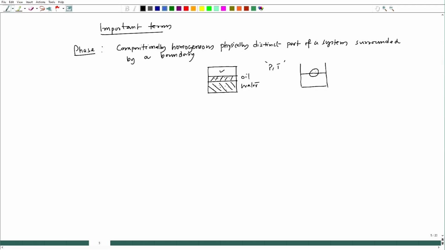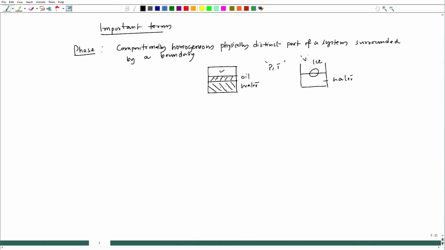Okay. And this is ice, this is water. Whenever I am talking about water, it means a liquid phase, liquid water, and of course there will be vapor also.